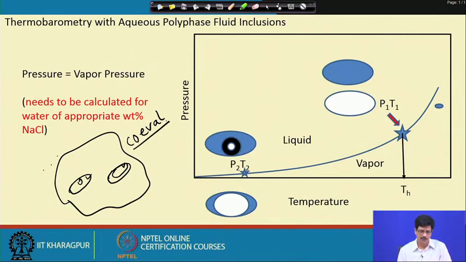Coeval means they should have been trapped at the same time at the same conditions within a single crystal of the host mineral. This represents one single grain of the host crystal.